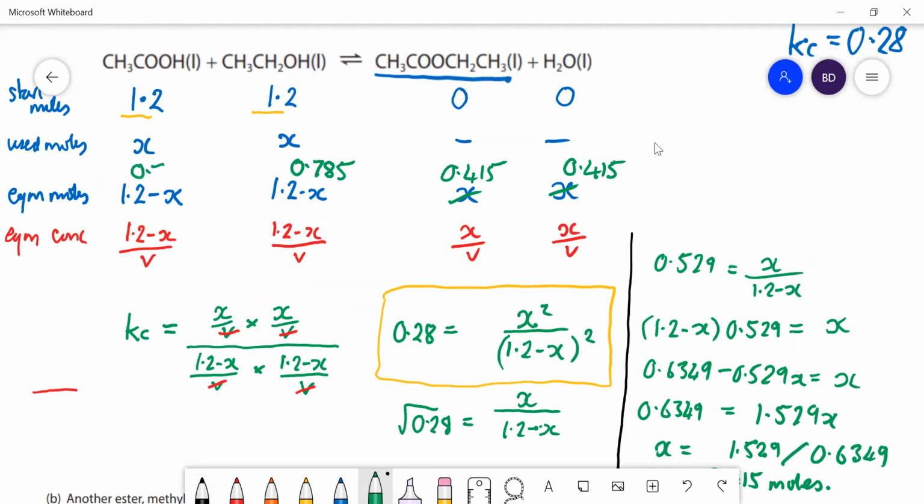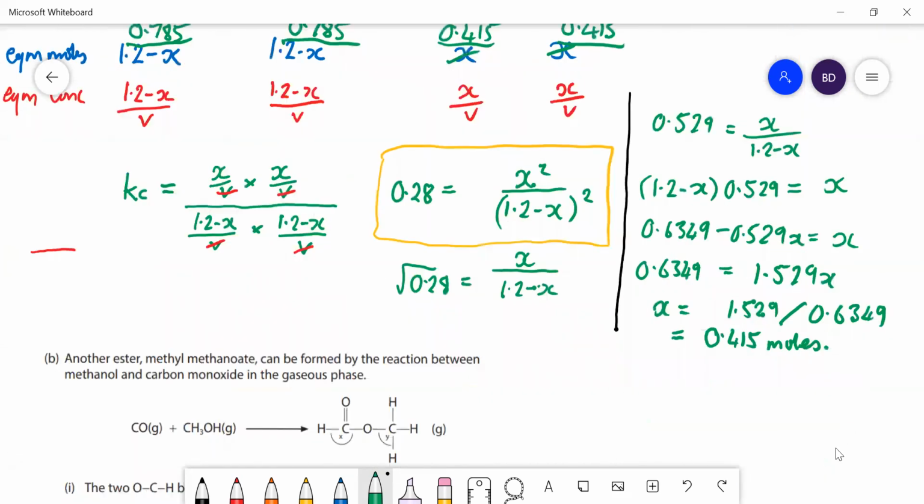And that's 0.785 as well. So that's the number of moles of ethanoic acid and the moles of ethanol. There are our answers there. Okay, so that method of taking the square root instead of using the quadratic formula has come up quite a few times.